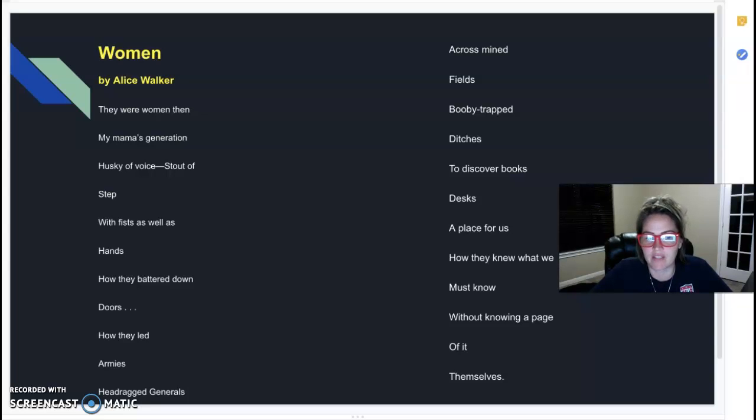Find when things are written in a way that causes us to think, is this to be taken literally? And if the answer is no, well then how are we as a reader supposed to read these words? And so it's your job to investigate and find out what the author's intention was in saying something the way that he or she said it.